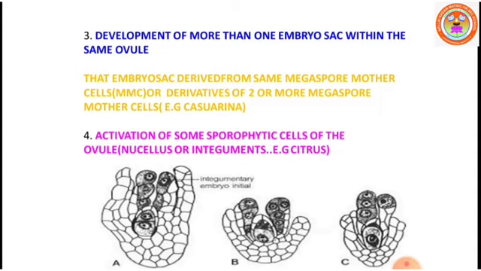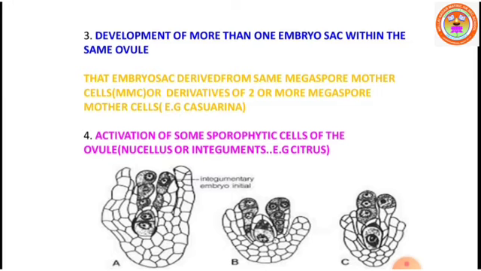So the embryo sac derived from the megaspore mother cell, that is called MMC, where 2 or more megaspore mother cells are used to develop more than one embryo sac, is called polyembryony. Keep in mind, 1 megaspore mother cell divides by meiosis, giving 4 megaspore cells.